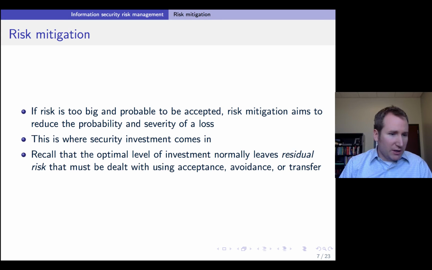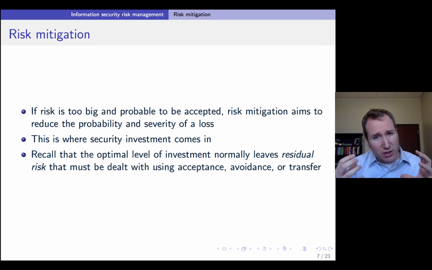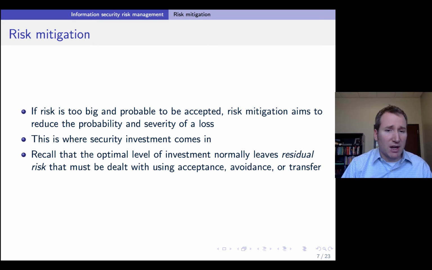If a risk is too big and too probable to be accepted, if you decided that you can't accept the risk, the next option is to mitigate it. Risk mitigation reduces the probability and severity of a loss. So this is where most security investment comes in, where you're deploying a security control which can mitigate a particular risk. It's not to say that you can mitigate all risks or that you would even want to.